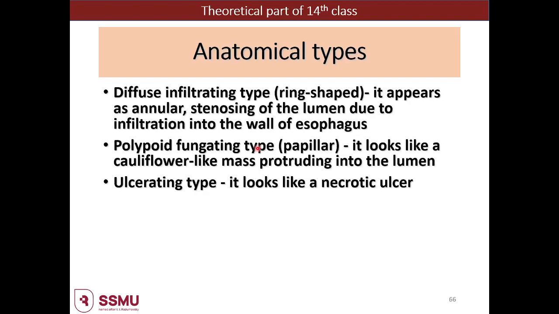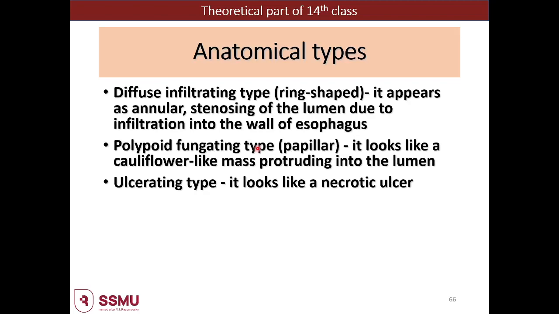It looks like cauliflower, like masses protruding into the lumen. This type of cancer will be associated with blockage of the lumen of the esophagus and may lead to special types of complications.